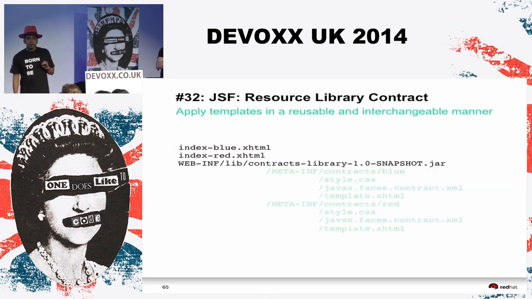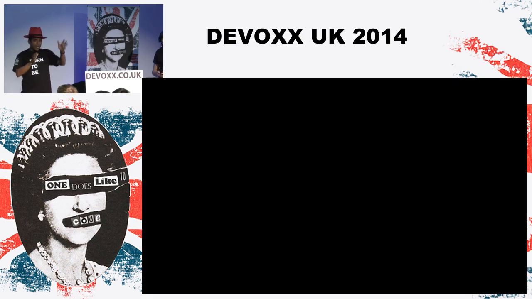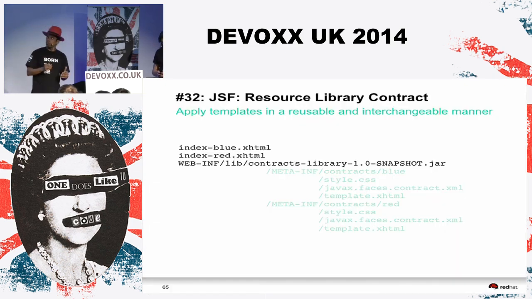Another thing missing from JSF 2.0 in general was resource library contract. So you want to give a consistent look and feel to your web application. You've designed your CSS, you've designed your XHTML, you've designed your templates. I want a top header, I want a left bar. You design your template, but you eventually start copying that code.